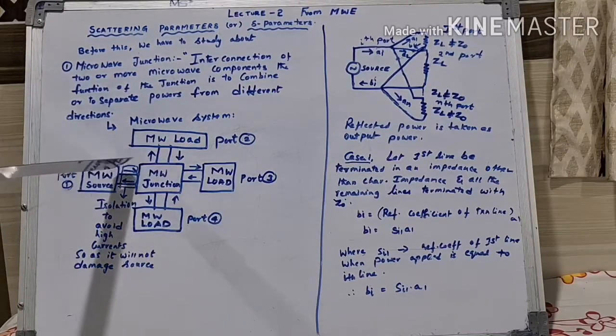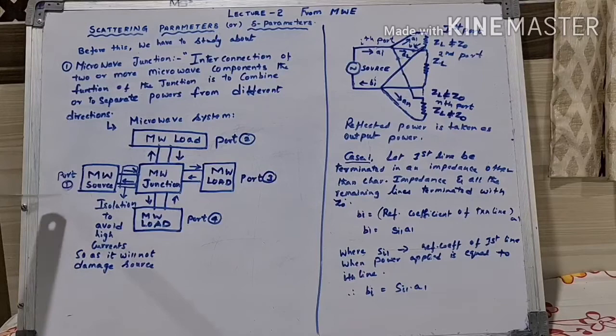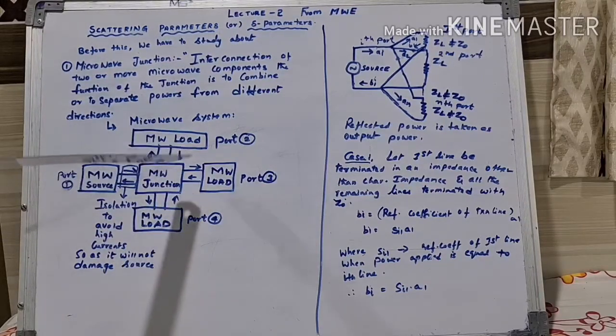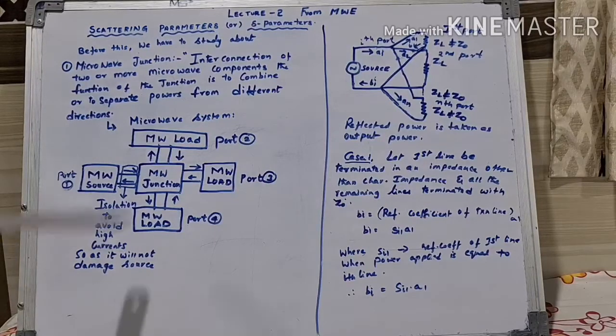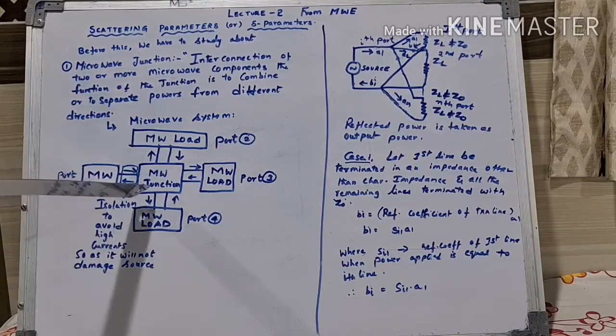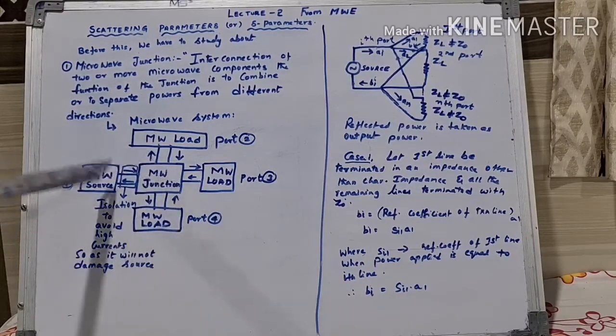And this is the isolation provided in order to avoid high currents, because if high currents pass through this junction, the junction will be damaged. So in order to avoid high currents, so that the source is also not damaged in return, source and junction should not be damaged.